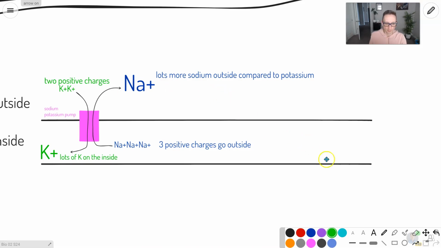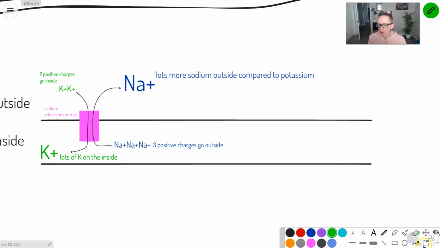Makes sense, right? 3 positive charges go outside, 2 positive charges go inside. All right, you extrapolate that out a bunch, right?